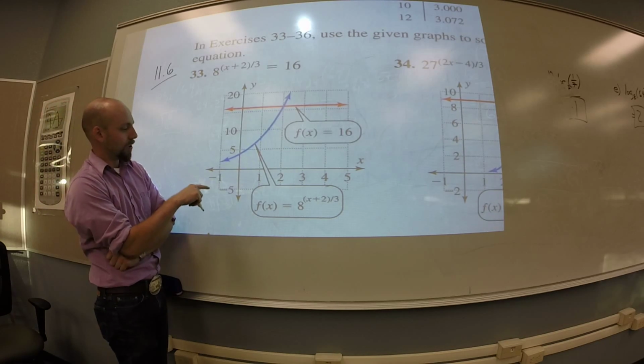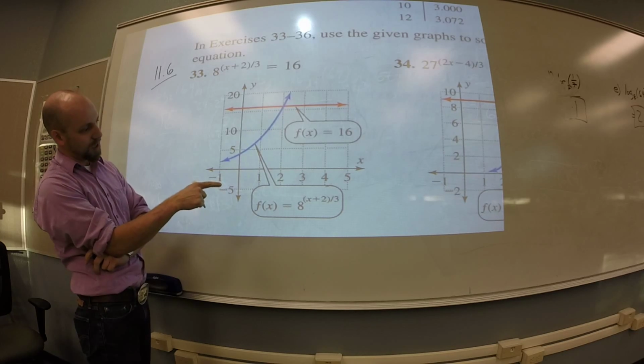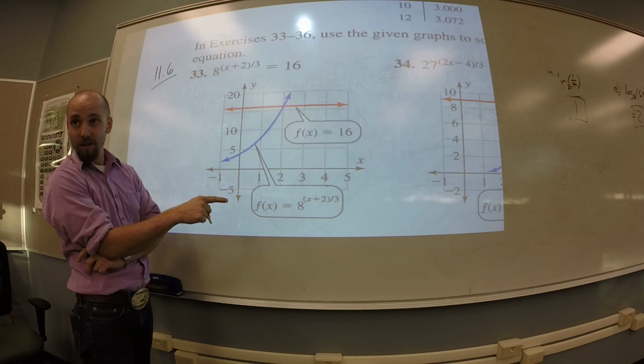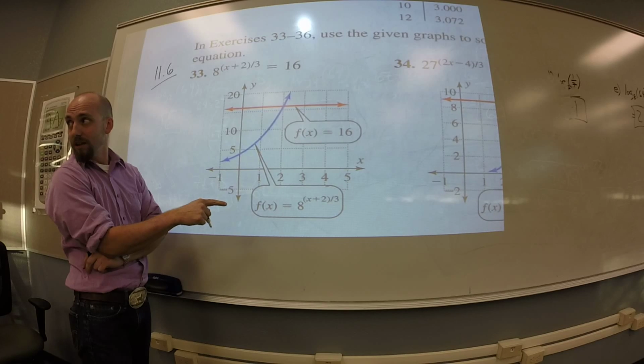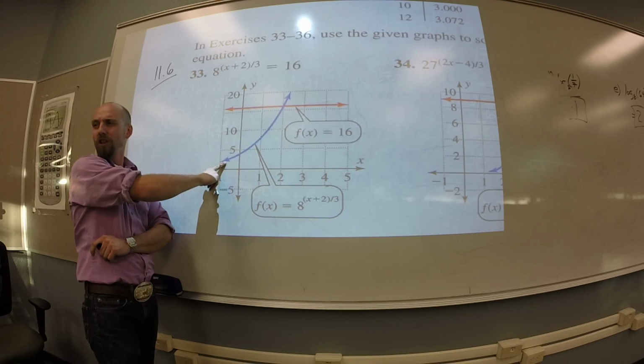They drew f of x is 8 to the x plus 2 over 3. You guys see that? So that's this one. Does that match what it should look like?